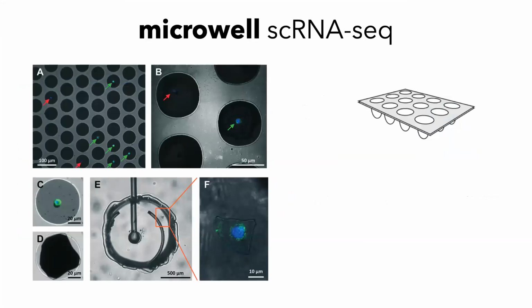For well-based platforms, cells are isolated using, for example, a pipette or laser capture and placed in microfluidic wells. So you can see these wells right here. One advantage of well-based methods is that they can be combined with fluorescent activated cell sorting, or FACS, making it possible to select cells based on surface markers.